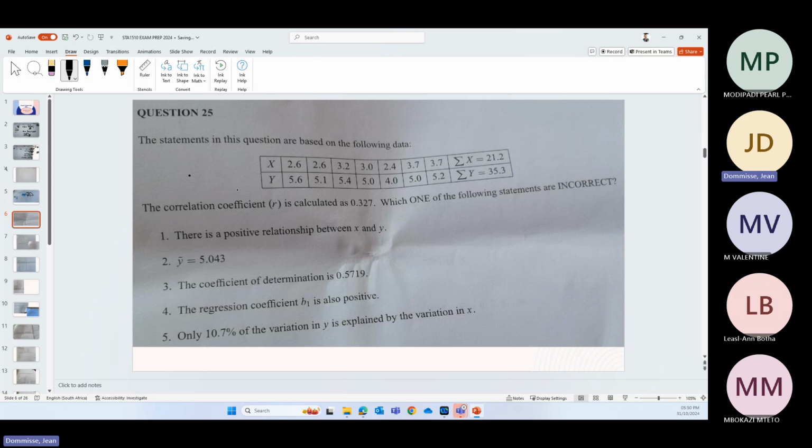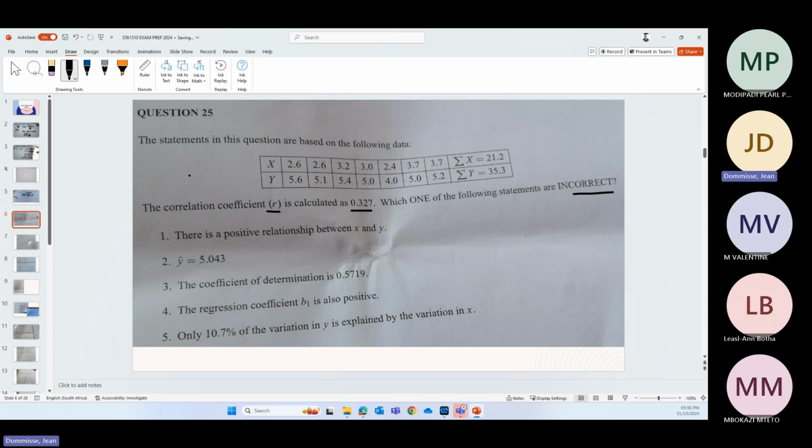Right, here's the data. They give us the sum of X. They give us the sum of Y. Then they say the correlation coefficient is 0.327. Which one of the following is incorrect?